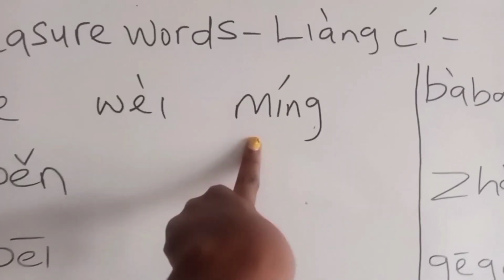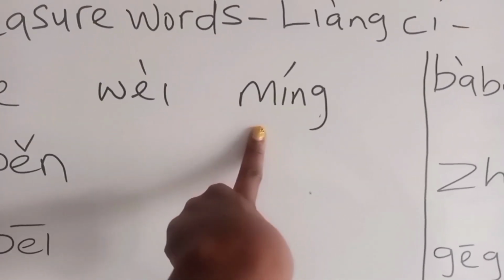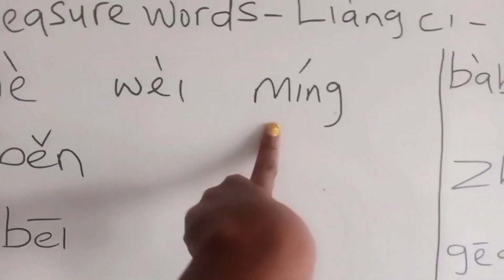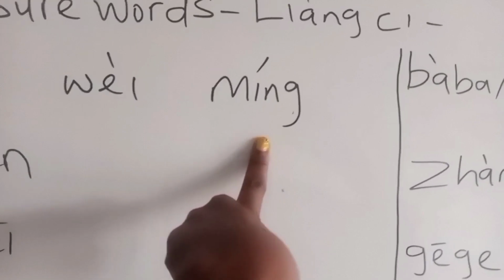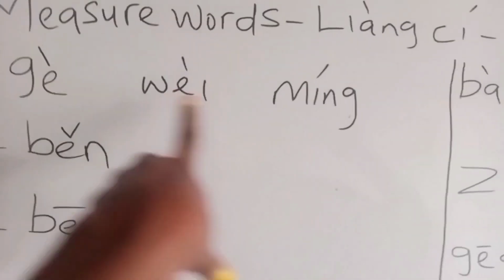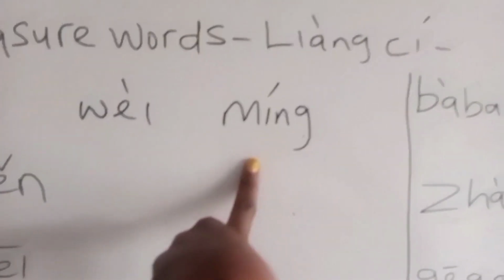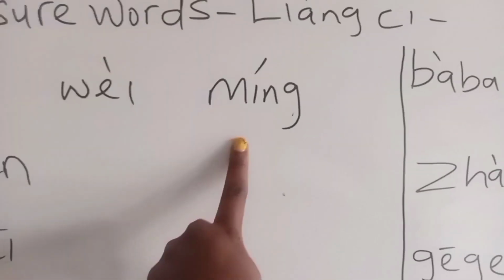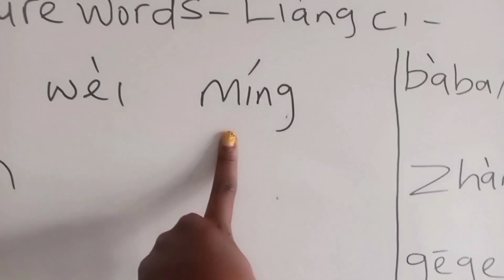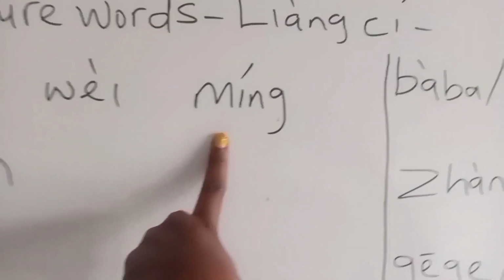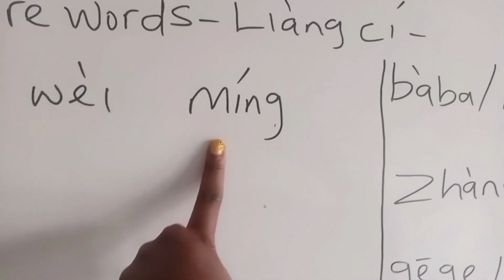Ming is for profession. When you're talking about a person and you use ming, you're trying to recognize that person's profession. Like teacher, for instance. The reason I use ming is because teaching is a profession. It's a job. If you want to say a doctor, you can say 一名医生. 医生 is doctor, and doctor is a job, is a profession.